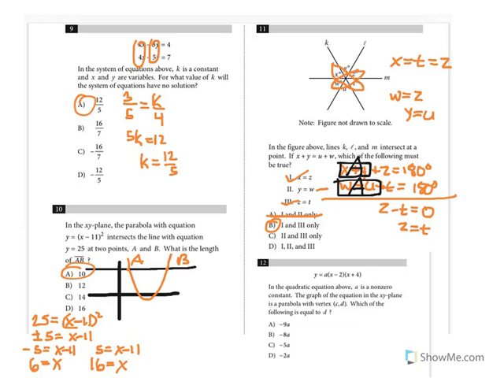So the first thing I'm going to do is, since it's talking about the vertex, I need to expand what I have there, expand that binomial, so we have a times x squared plus 2x minus 8, which comes out to ax squared plus 2ax minus 8a equals y.